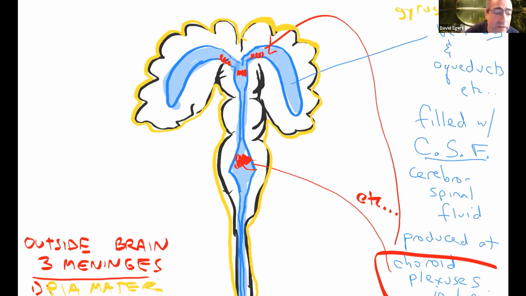The next layer is the arachnoid layer. Arachnid is a spider. It's because it's got these little web-like struts that anchor to the pia.